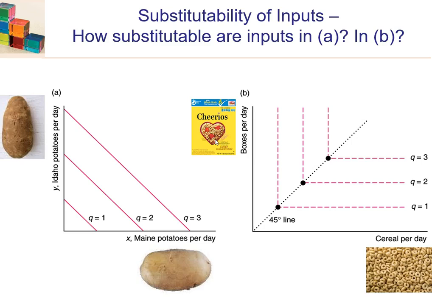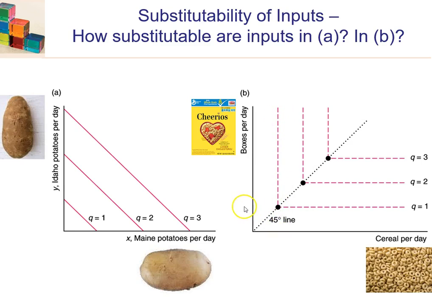You need a given number of cardboard boxes and a given number of ingredients to fill them. So look, if you have enough ingredients to make a single box of Cheerios and you have many more cardboard boxes than you have ingredients to make 1 box of Cheerios, the additional cardboard boxes don't help you any.